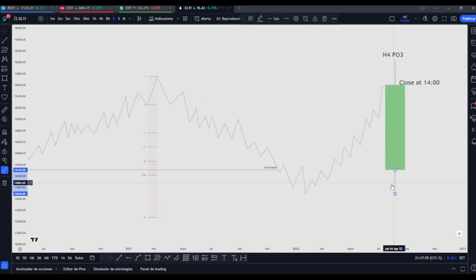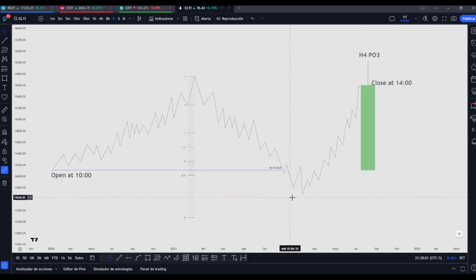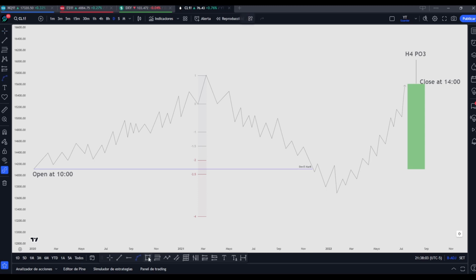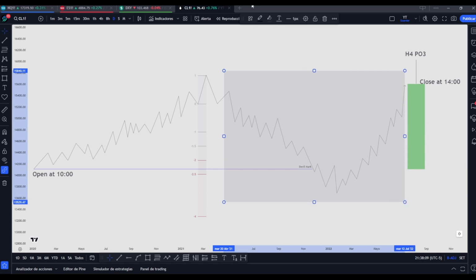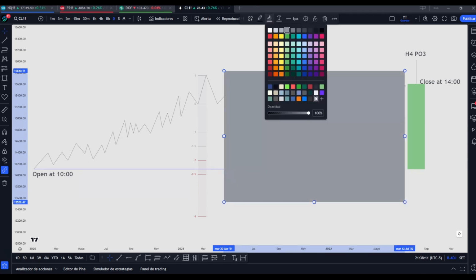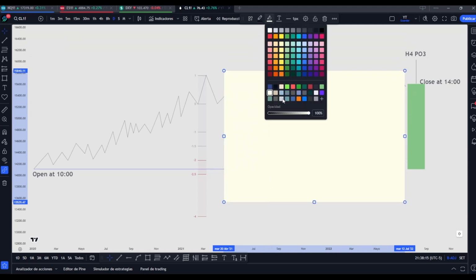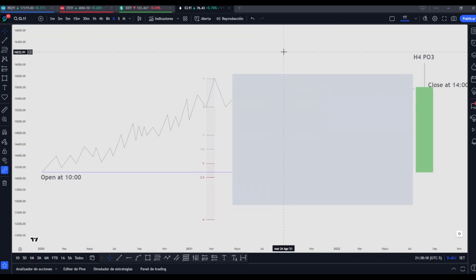If we see this as a raw schematic, more sketchy, let's suppose we are seeing price from here, from here. Until this moment, we are seeing price.